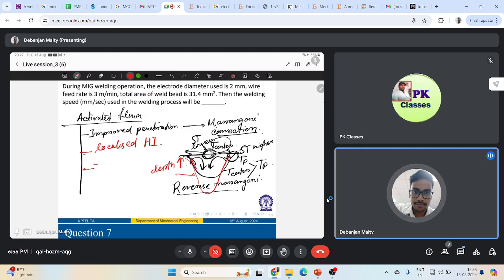You can also join both thin and thick sections. So this is activated flux welding.